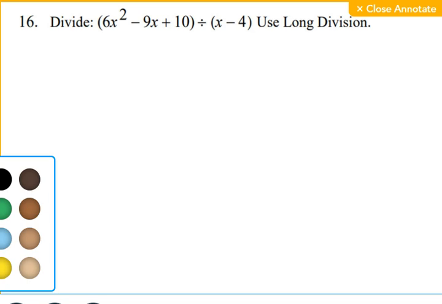All right, so copy that. We're going to do this one together. So we got number 16: divide 6x squared minus 9x plus 10 by x minus 4. Use long division. So for this one, what is the first thing we check for? Tell your neighbor, please.